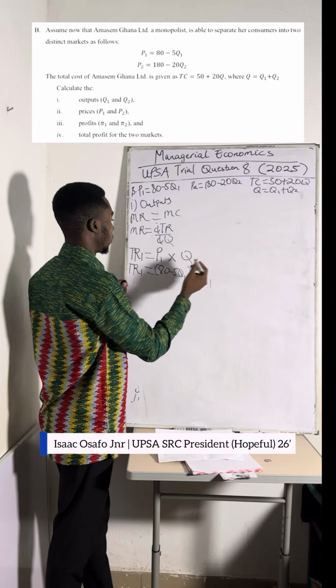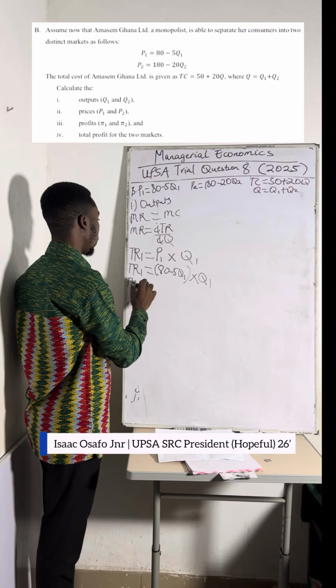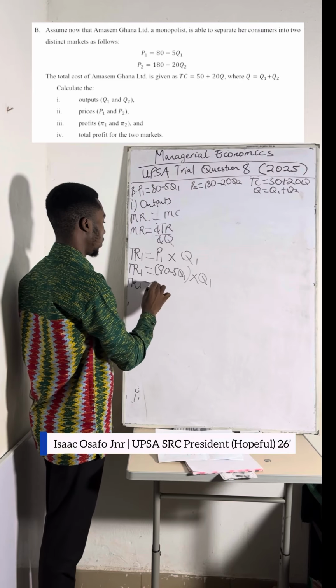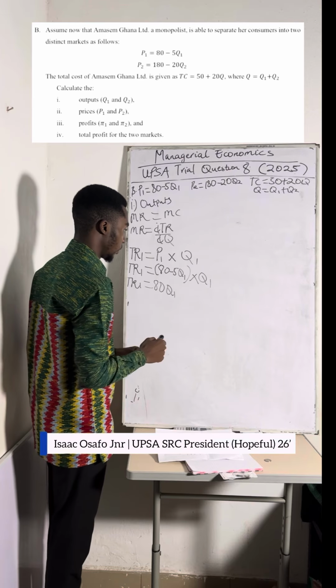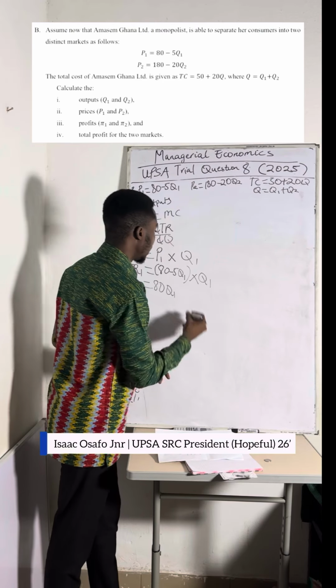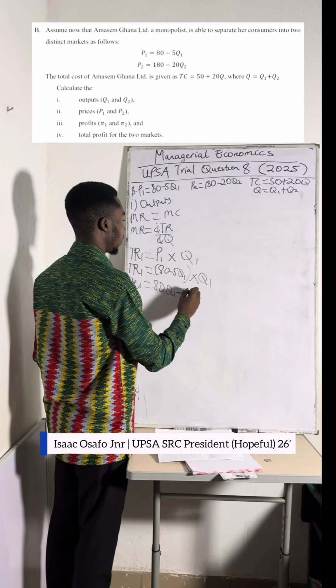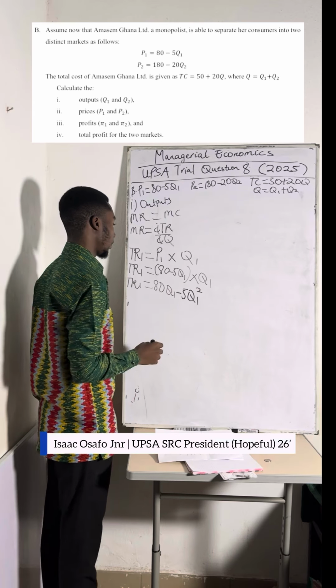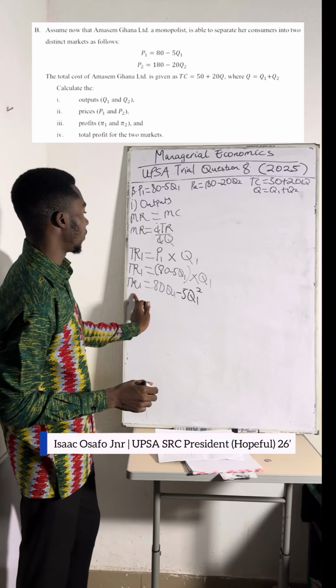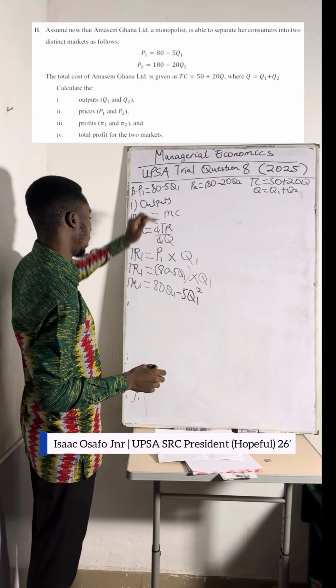So our TR1 should be equal to 80 times Q1, which gives us 80Q1. Then negative 5Q1 times Q1 should give us negative 5Q1 squared. You get it?